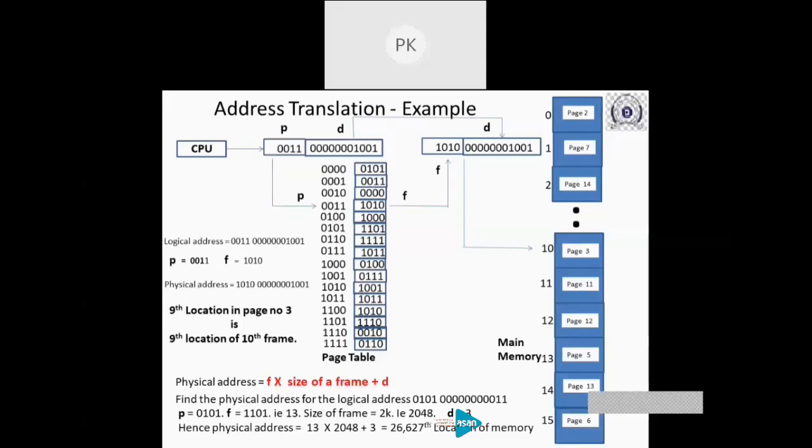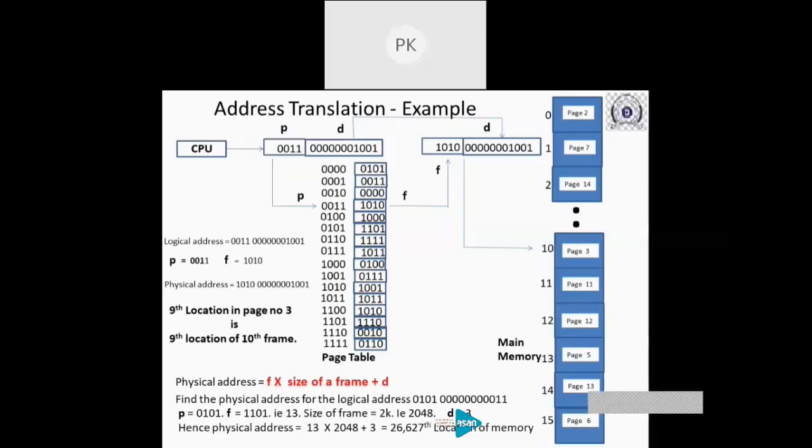Now imagine that the CPU generates a logical address 0011, 00000001001. The page number takes 4 bits, as I already told you, when the frame size is 2K and the total memory is 32K.